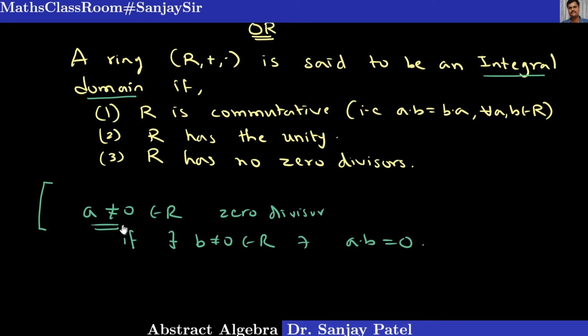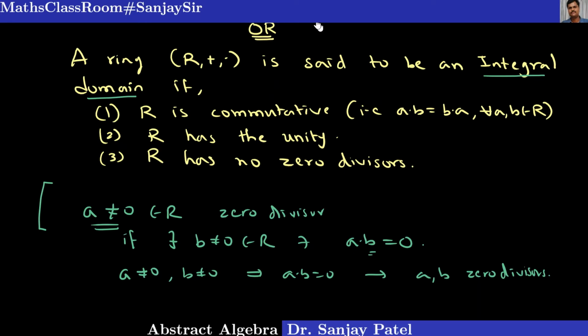We know if A is a zero divisor, then the element B is also a zero divisor. That means if A ≠ 0, B ≠ 0, you have two non-zero elements, but still the product is 0, then A and B are called zero divisors. But remember, to prove a ring is an integral domain, it should not have any zero divisors. I mean, this condition does not hold. That means this condition is not true.